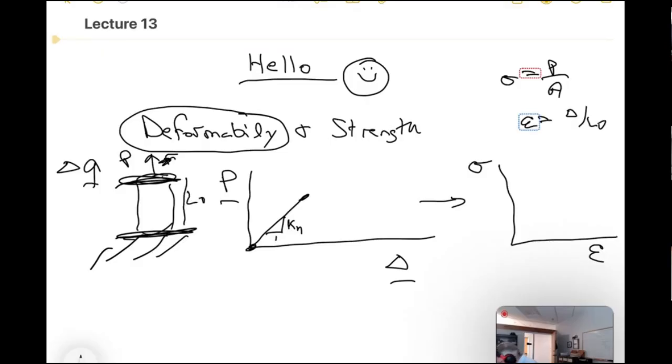You with me? L naught, delta, area. And then it's still going to look linear. But what is the slope of that? For these conditions, what property is it?